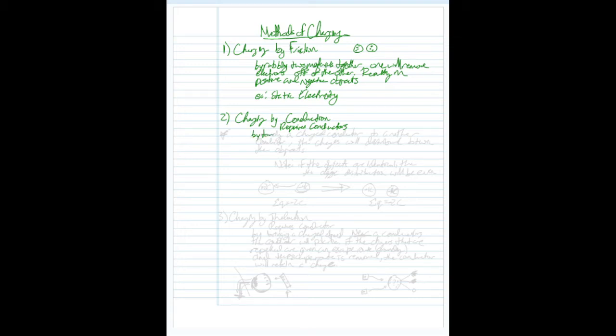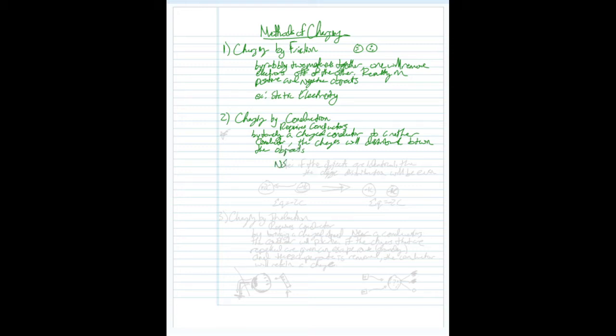By touching a charged conductor to another conductor, the charges will distribute between the objects.